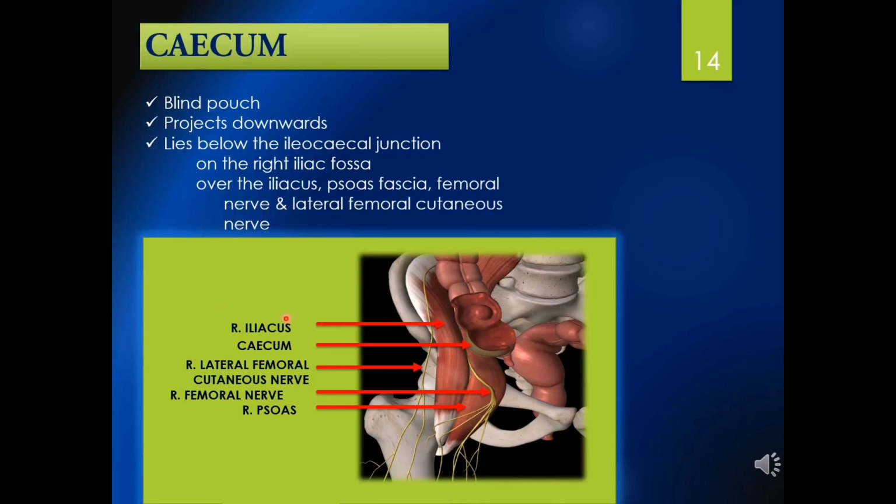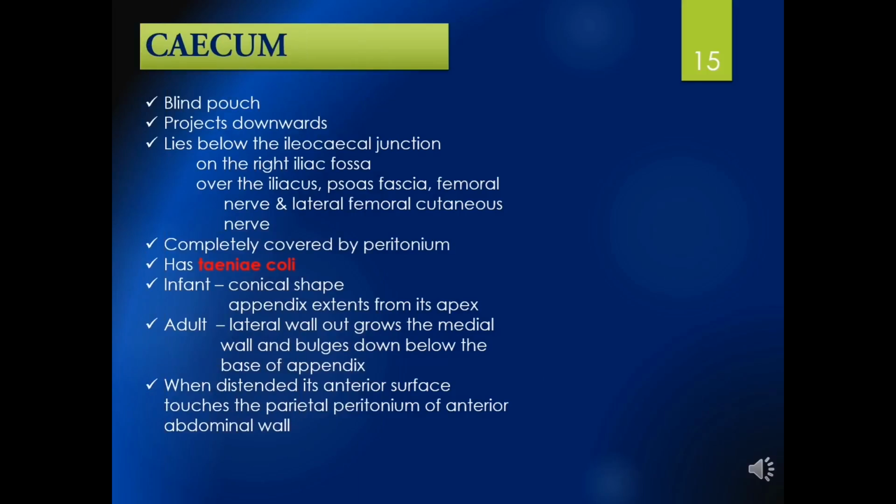This picture shows the exact location of the cecum. Cecum lies in the right iliac fossa over the iliacus, lateral femoral cutaneous nerve, femoral nerve and psoas. Cecum is completely covered by peritoneum and it has taenia coli.